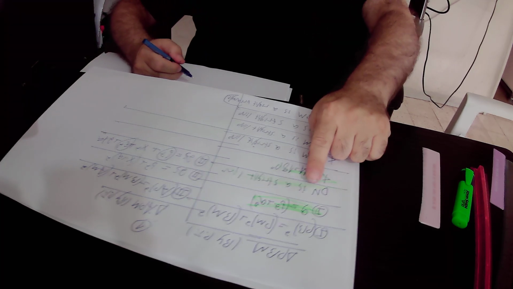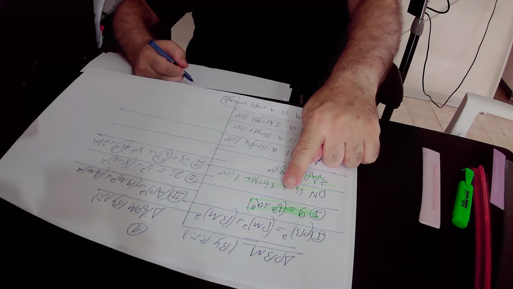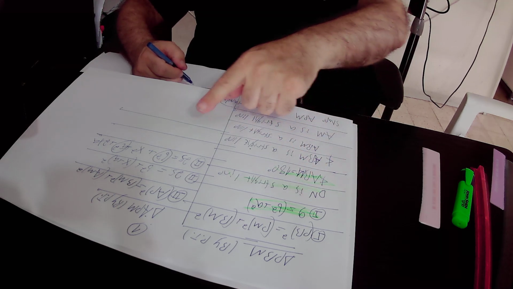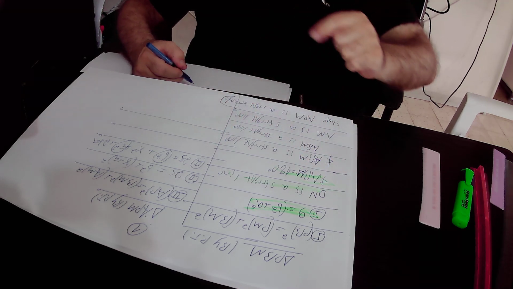But we have already found out that according to equation number 1, B square plus A square equals 9, therefore we substitute B square plus A square by 9 in equation number 2.